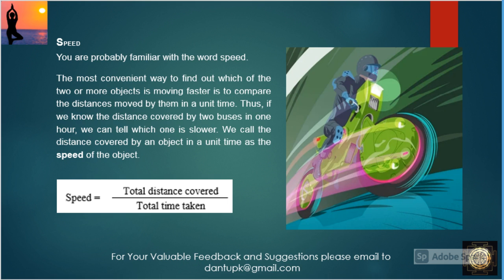However, a car seldom moves with a constant speed for 1 hour. In fact, it starts moving slowly and then picks up the speed. So, when we say that the car has a speed of 50 kilometers per hour, we usually consider only the total distance covered by it in 1 hour. We do not bother whether the car has been moving with a constant speed or not during that hour.